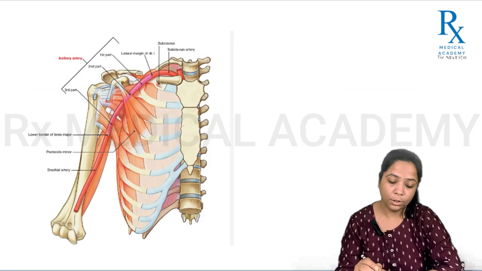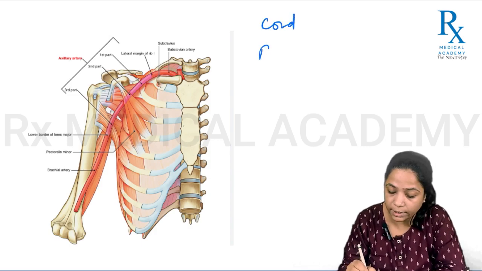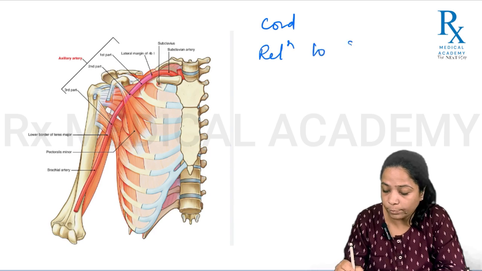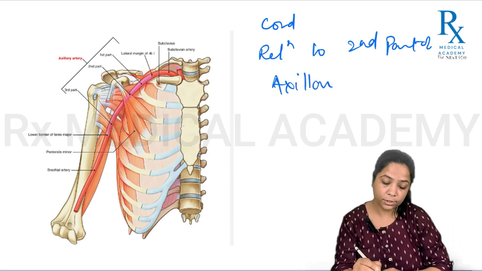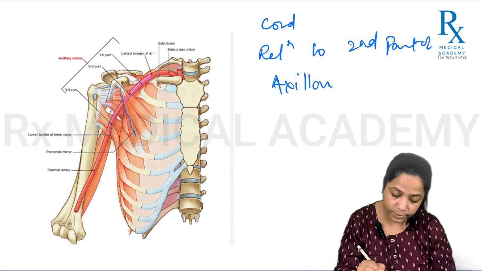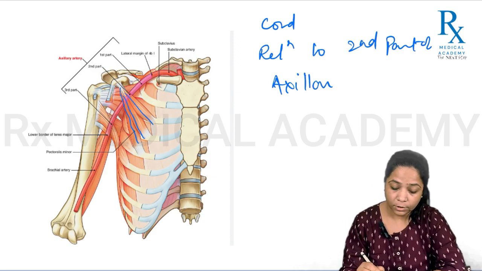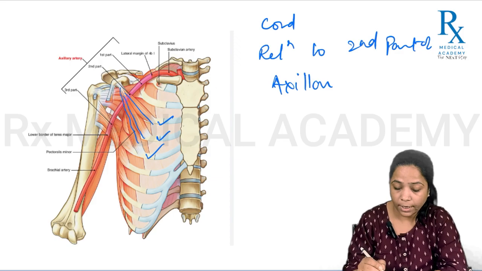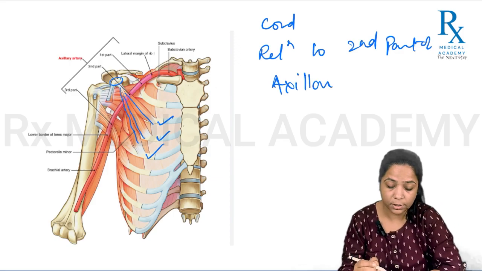I have told you the names of the cords are on the basis of their relation to the second part of the axillary artery. In this diagram, you are seeing the pectoralis minor muscle, which originates from the third, fourth and fifth ribs and inserts on the coracoid process.